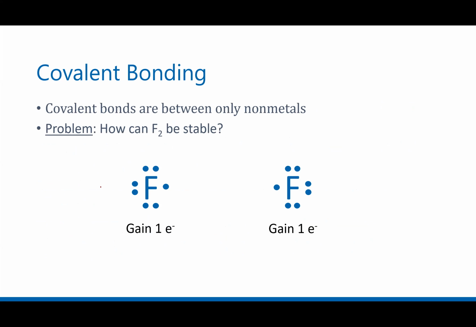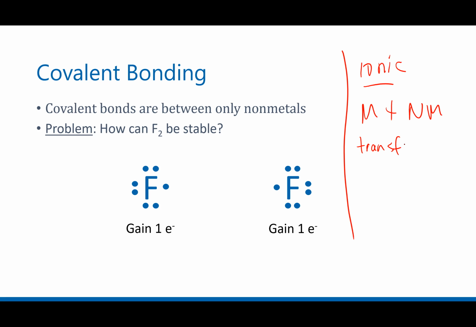So covalent bonds are different than ionic bonds. Covalent bonds are only between non-metals. If you compare that to ionic, it is a metal and a non-metal. They have a transfer of electrons. Covalent bonds are not between metals and nonmetals.